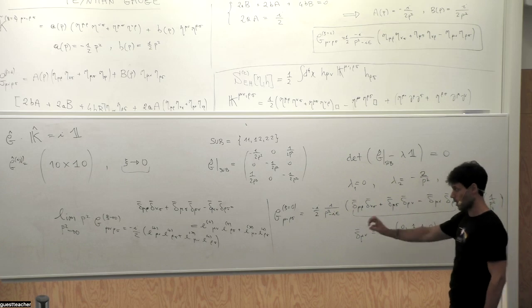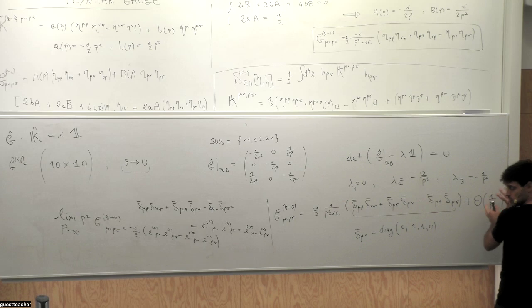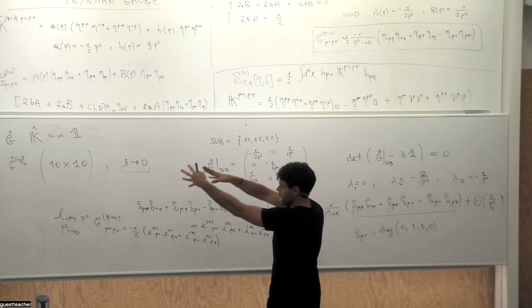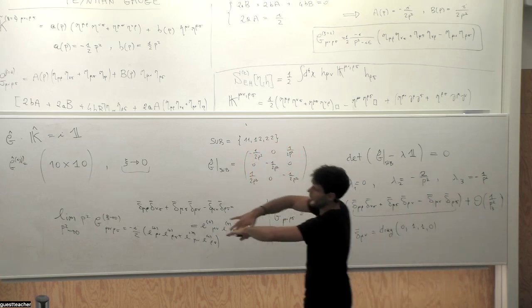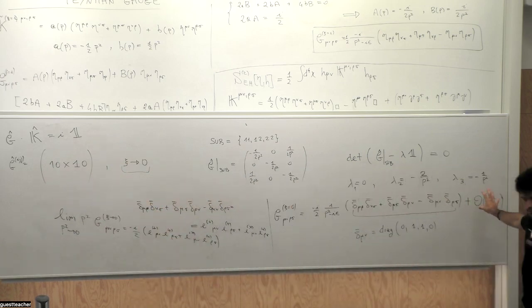The only pole at p squared is this part. Whatever is left that does not belong to this subspace, because it's 10 by 10, I'm just focused on this subspace, okay? But there is a lot more in this matrix, which is contained here, and other things are here but are 0, which do not contain any pole 1 over p squared.